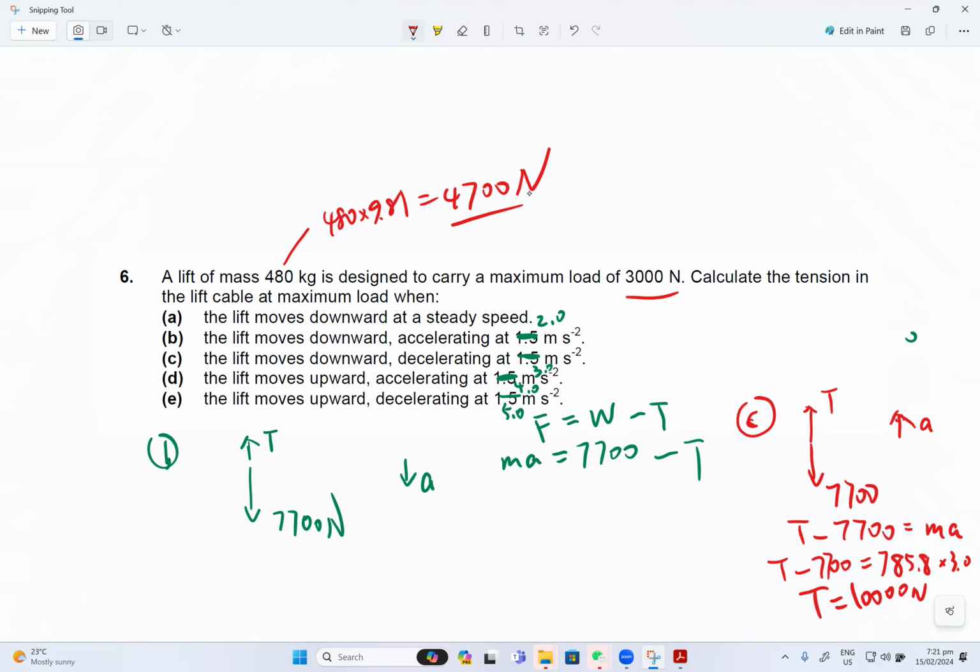Raymond, D. Just tell me acceleration up or down. Very good. If acceleration is up, T minus W equals ma. The force upward is larger. So T minus 7700, and this acceleration is 4 now.